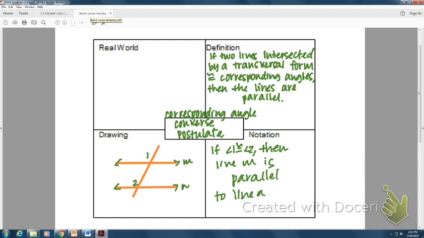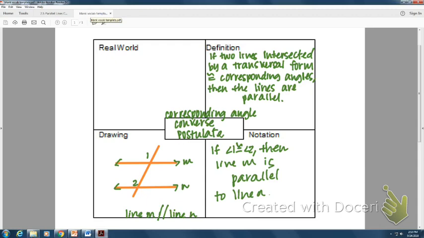You might also see notation like this: M is parallel to line N. Those little parallel symbols are just like 2 backslashes. So we're just going backwards. Last time we had if two lines are parallel, corresponding angles are congruent. Now if you have corresponding angles congruent, then the lines have to be parallel.